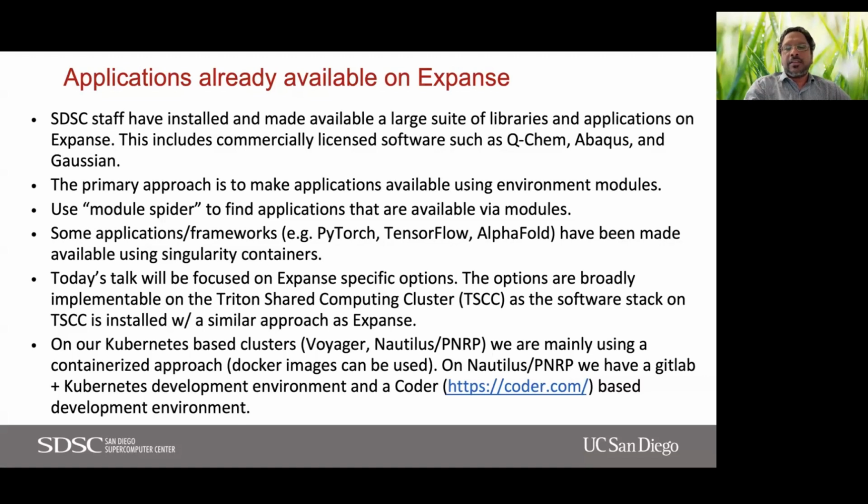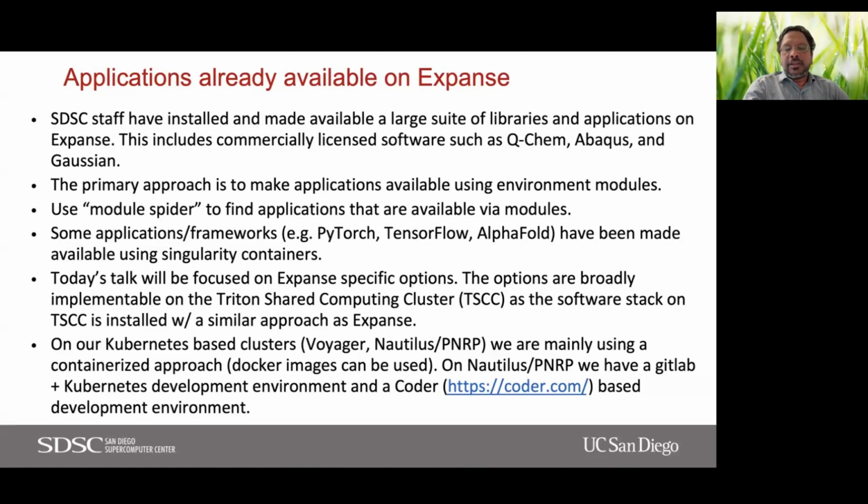So I'm going to point those out. As I mentioned, this is Expanse specific today, but I think similar things are available on other clusters, including the Triton Shared Computing Cluster at UCSD. And one last note there is basically all of what I'm talking about today is typical for an on-premises Slurm or directly installed cluster.